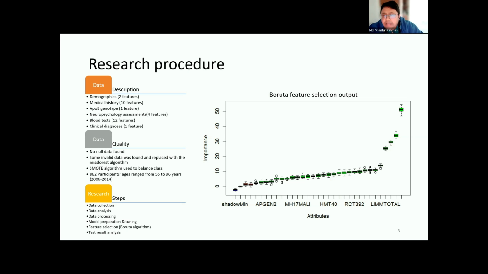So if you see the right side of this slide, there is a graph. With this graph, you can see that there are 30 different features we used. Here we call them attributes. Within these 30 attributes, you can see 4 attributes are clearly distinct from others.